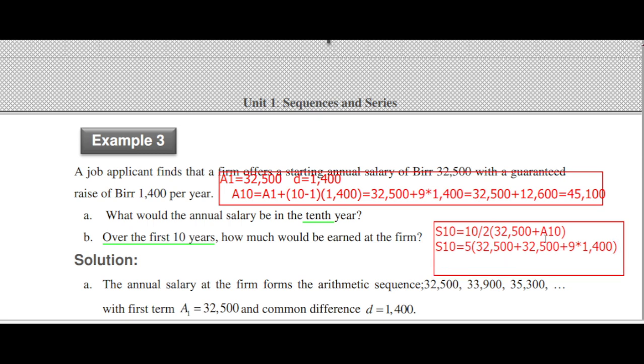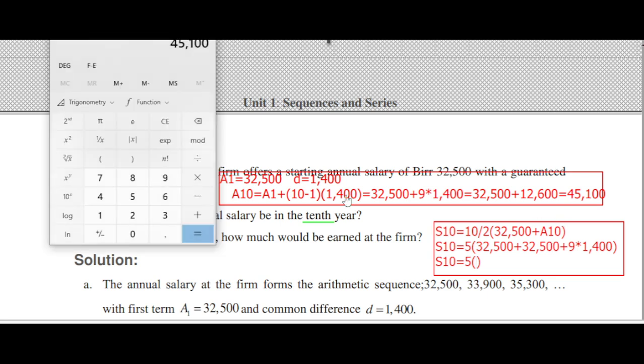Now let's calculate this. S10 is equal to 5 times the sum of these two, 32,500.